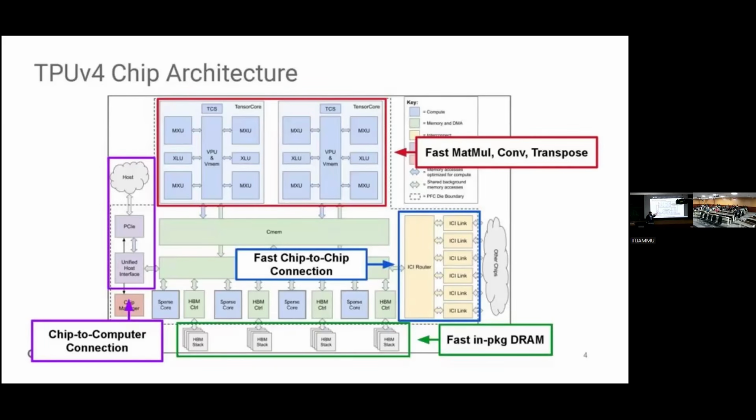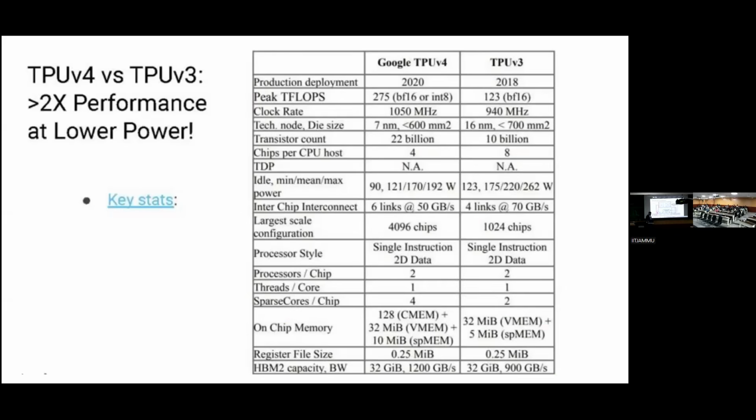And this is the architecture. They still have 2 compute units, but much more for the memory and the interconnect. And this is a comparison of the 2, and you get 2 times the performance for lower power.